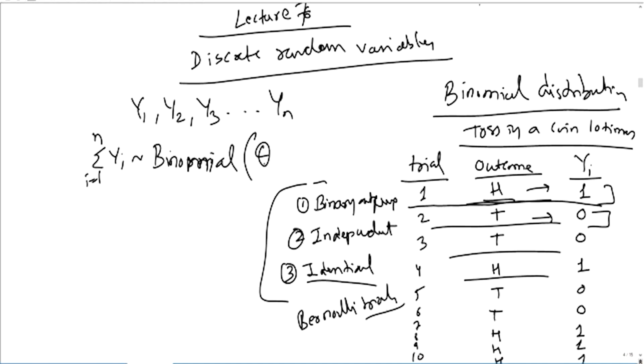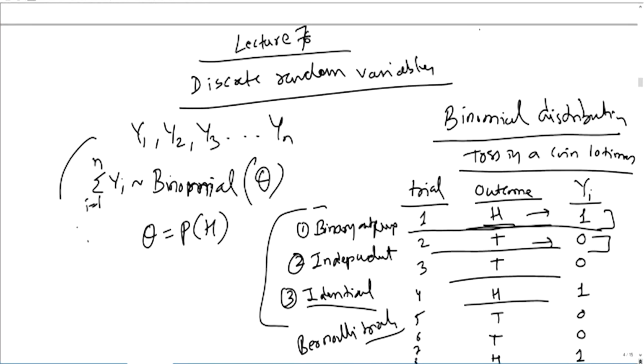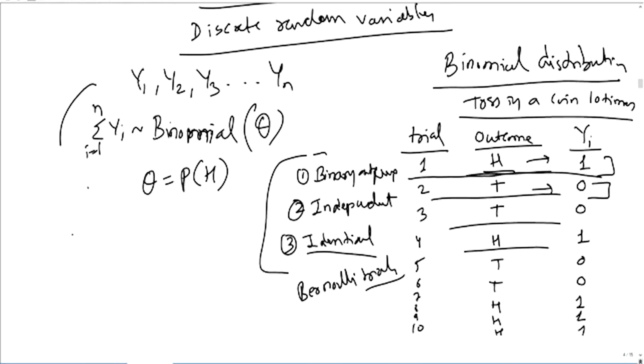with underlying probability of success theta, which is basically the underlying probability of heads in a particular trial, okay? You can call this random variable x. X is the summation of yi from 1 to n, okay?